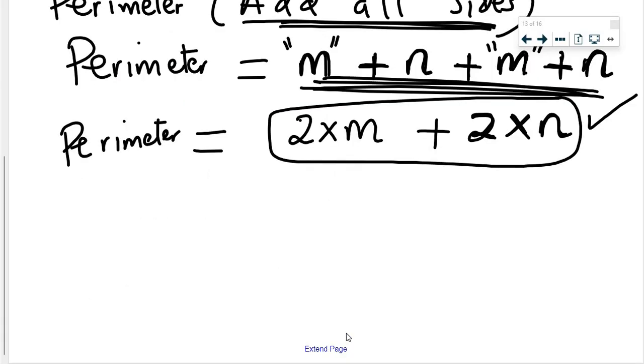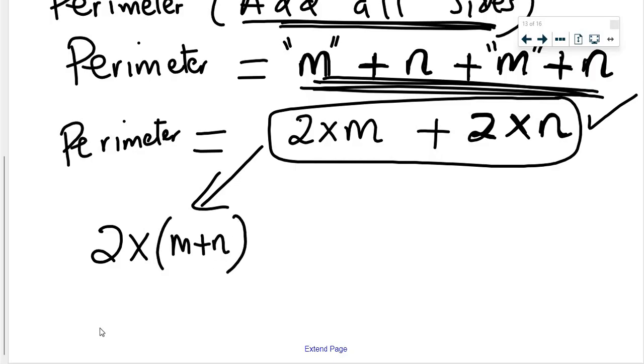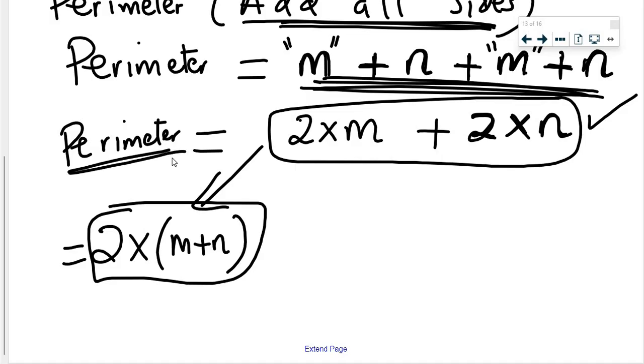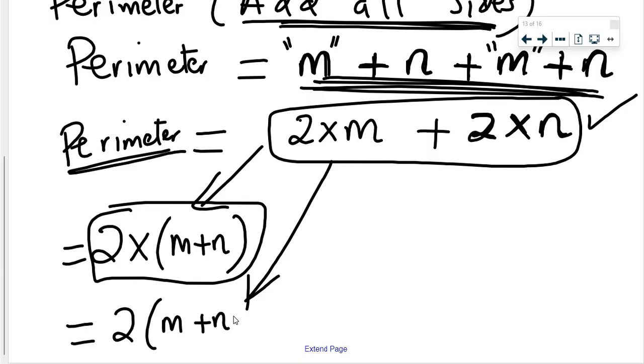Now, some people will argue, what if you write this expression as 2 into bracket m plus n? Still, this will mean the expression for the perimeter of a rectangle. Some other people will argue, what if we write 2 bracket m for the length and n for the breadth?